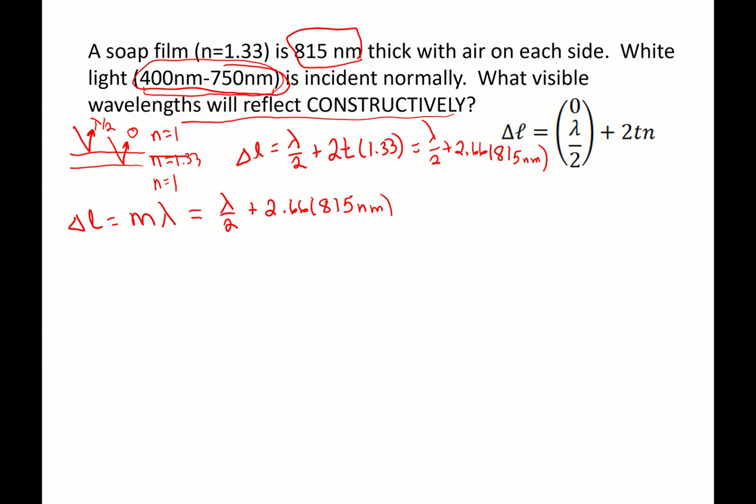As long as I leave both things in the same units, I'm okay. All right, so I'm solving for a wavelength. So let's take all the terms with wavelengths over on one side. So I've got m lambda minus lambda over 2. So that's m minus 1/2 times lambda is equal to 2.66 times 815.